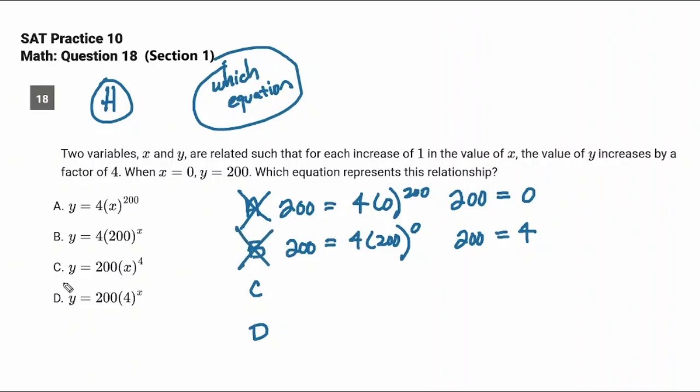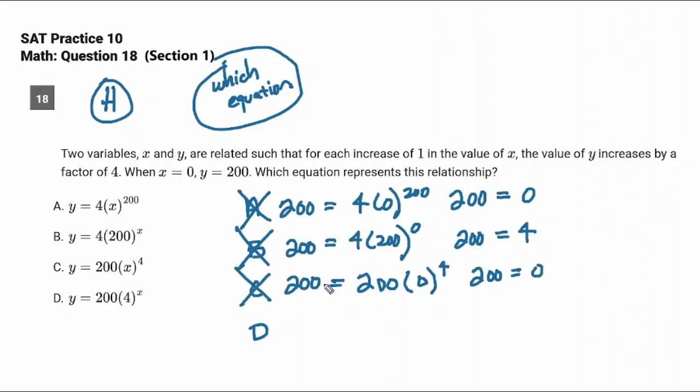Gone. Y, still 200. 200 equals 200 times what's x? Still 0 to the 4th. 0 to the anything is what? 0. So this is 200 equals 200 times 0, which is 200 equals 0. Is that true? Not true.